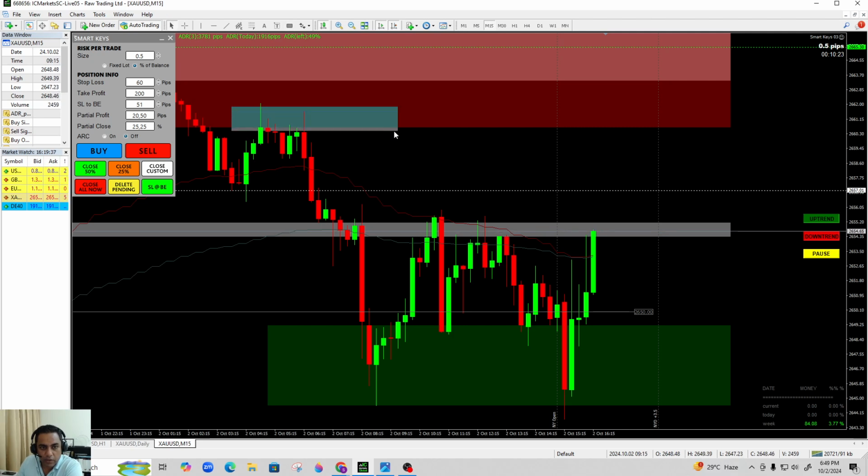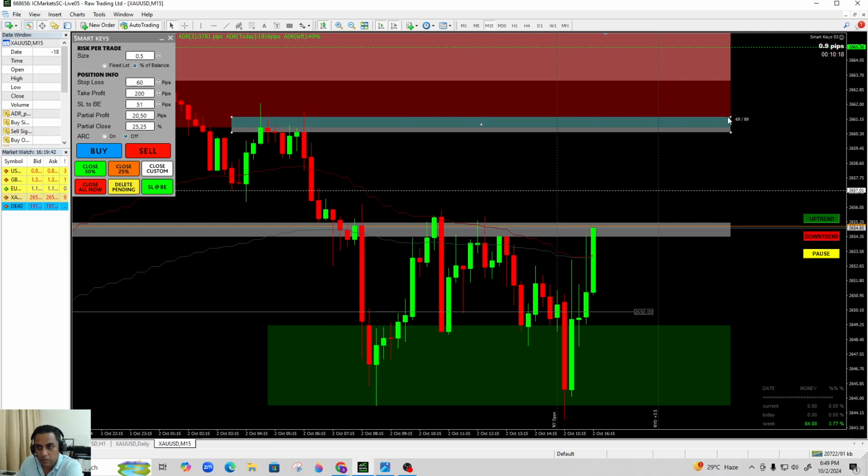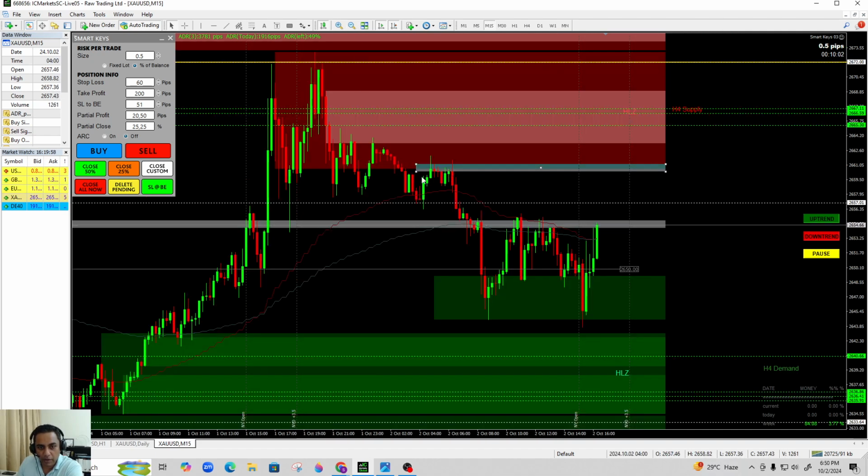Yeah, there is a zone right there. So once we close above here, we're coming here. But I'm not going to keep that because we've got a supply zone right there, so it doesn't make sense to have a resistance level right there because we've already got H4 supply, right?